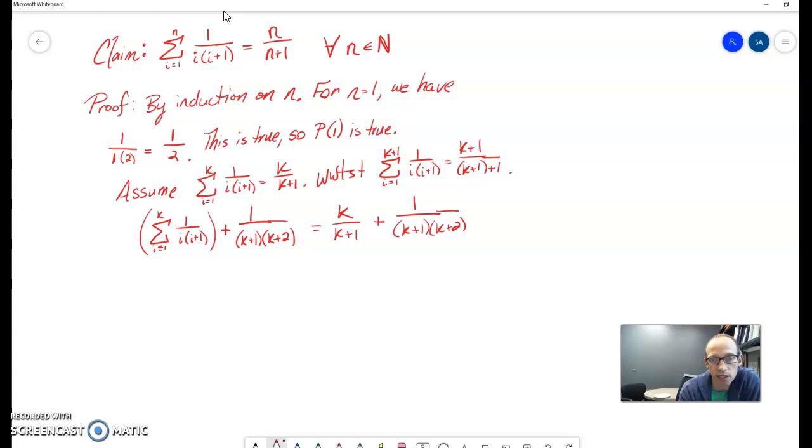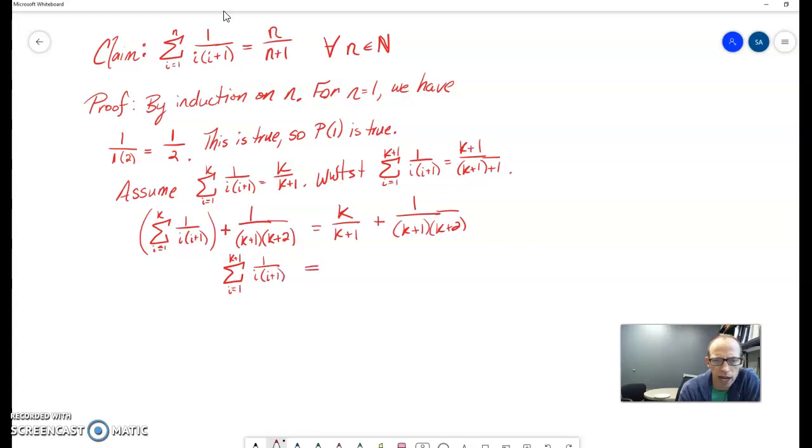Again, the reason we know this equation is true is because we're assuming this is true, and the only thing we've done is add this term to both sides of the equation. And the reason we added that term is because now our left side matches up exactly with what it should be for our finish line here, 1 over i times i plus 1.